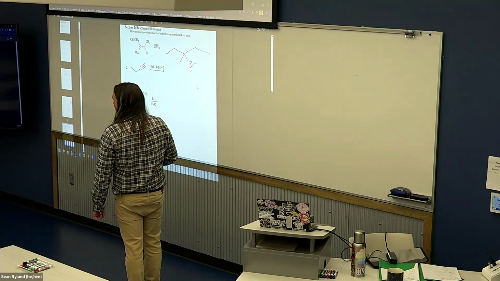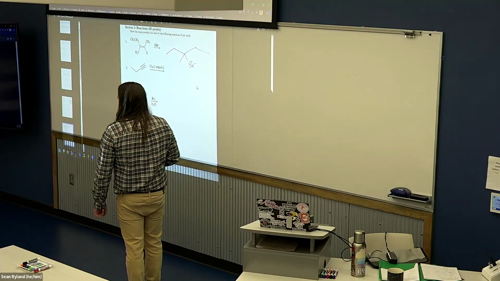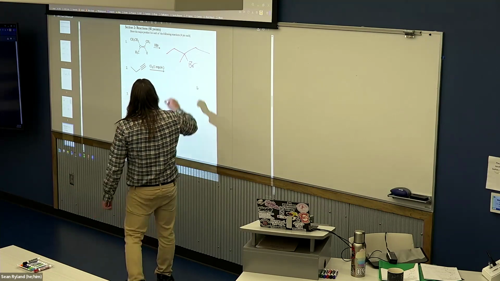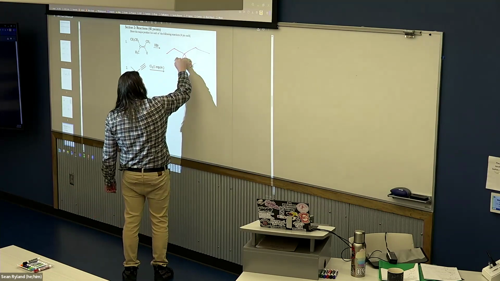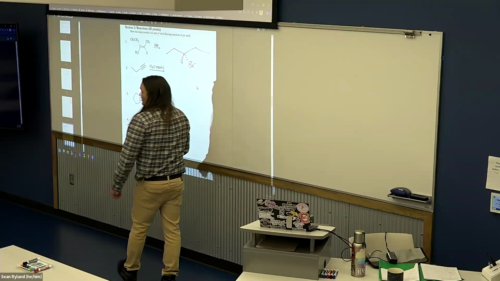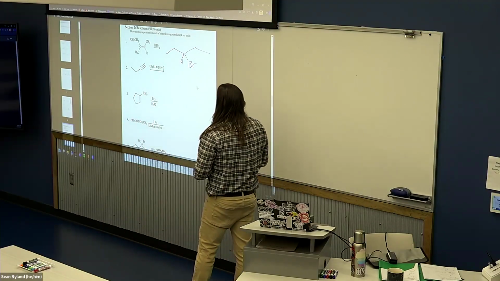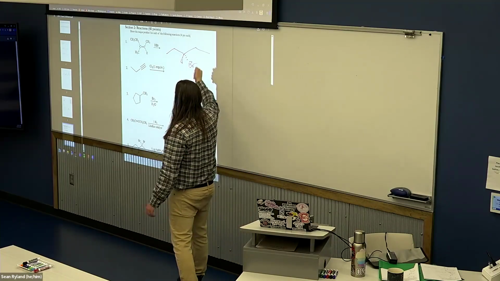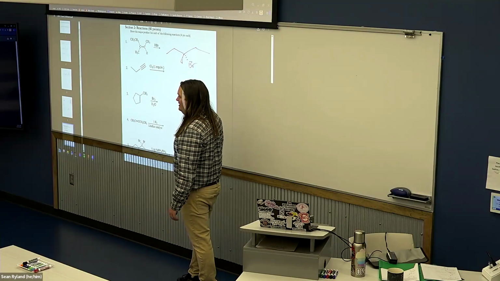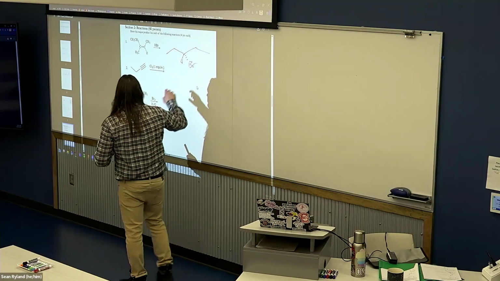Is there an R plus S in there? You could go like front or back. Yeah, its shape is actually going to look like that, but is that the mirror image of the molecule? No, because the ethyl groups are identical.